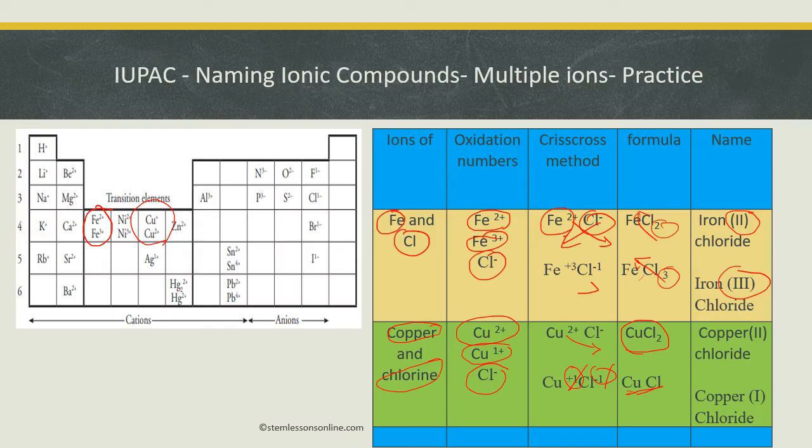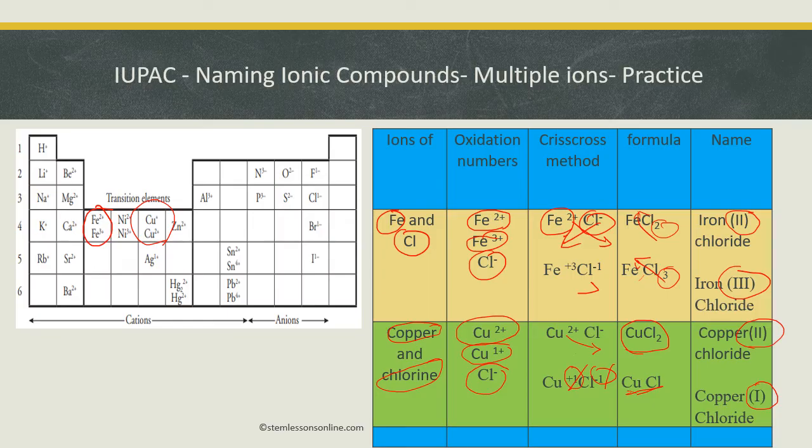Now the naming. Since we used copper with a charge of 2 here, we indicate that in parentheses by putting a Roman numeral 2. In this case we used 1. In naming we have to indicate that 1. It is not by default, we cannot assume that it is 1. So it is copper 1 chloride.